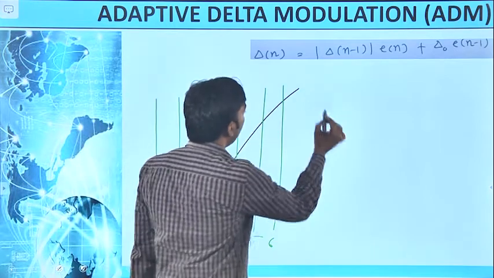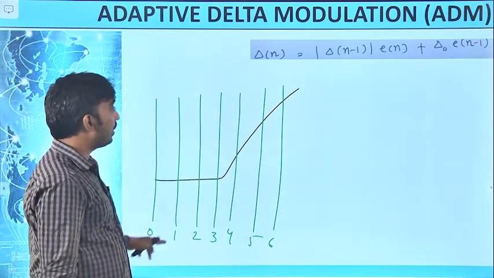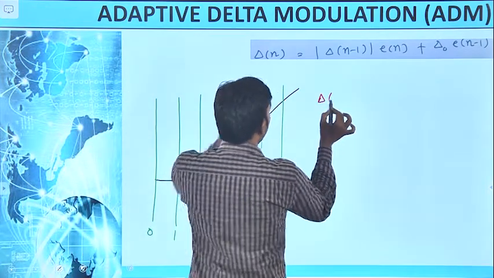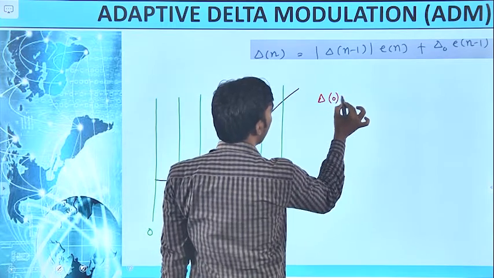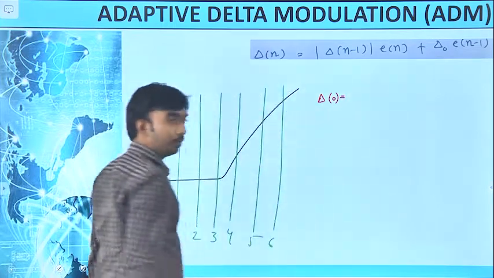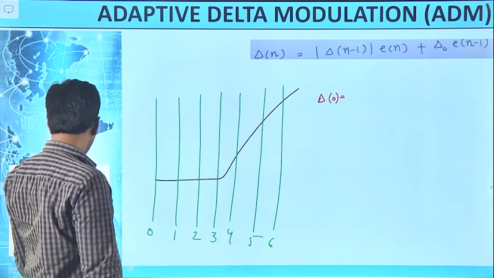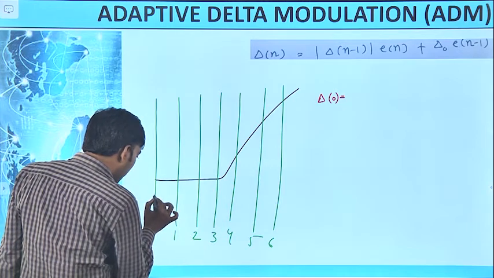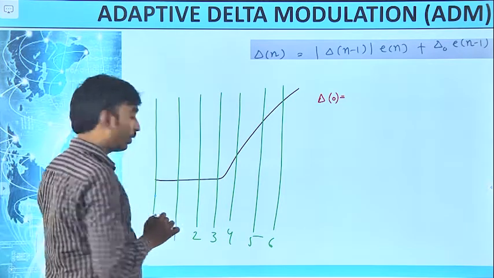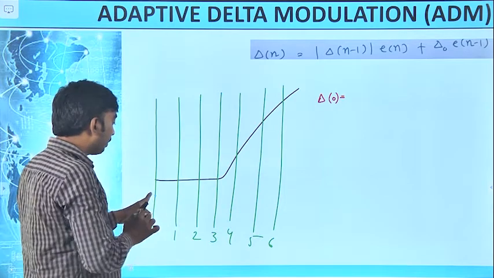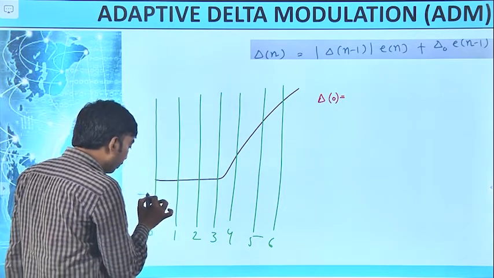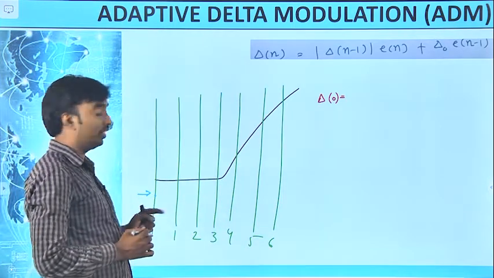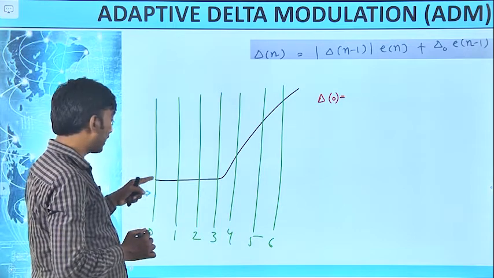And now you see. Now at n is equal to 0, I am substituting, delta of 0 is equal to, what is the error? See here, my step is starting from here, right? That means this step signal value is less than the input signal.